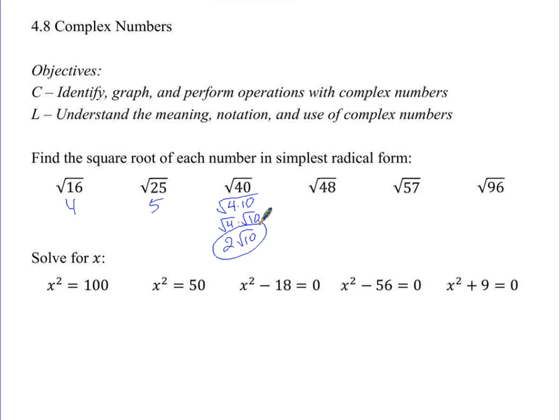How about the square root of 48? The biggest perfect square that's a factor of 48 is 16 times 3. So this splits into the square root of 16 times 3, because 16 times 3 is 48. And then we can split that into 2 little square roots, the square root of 16 times the square root of 3.